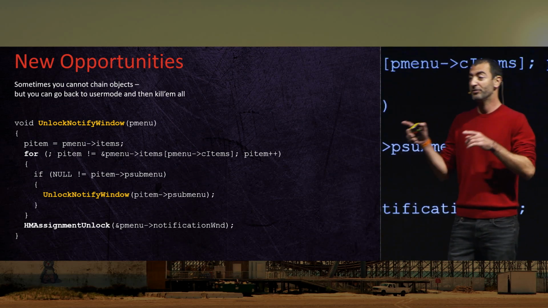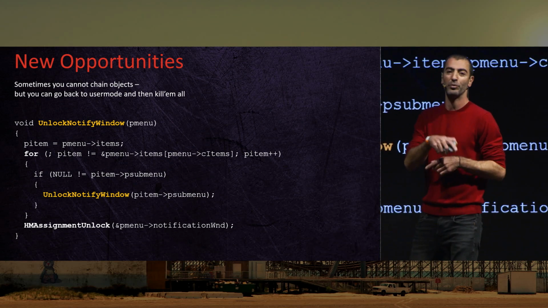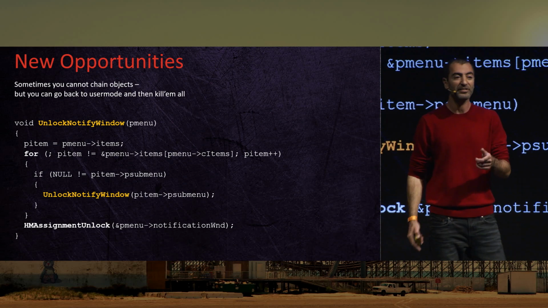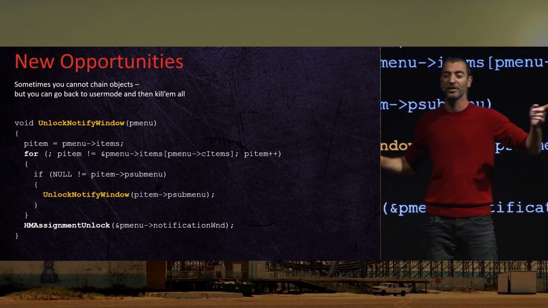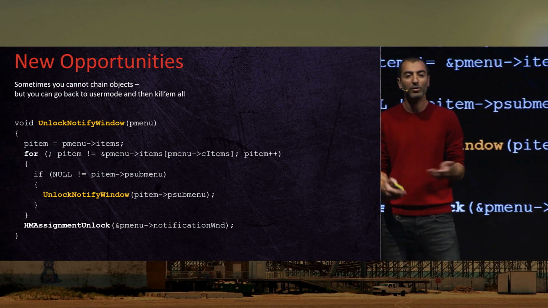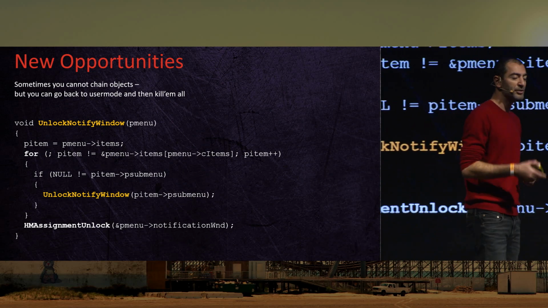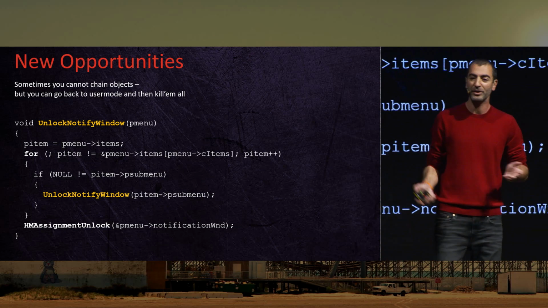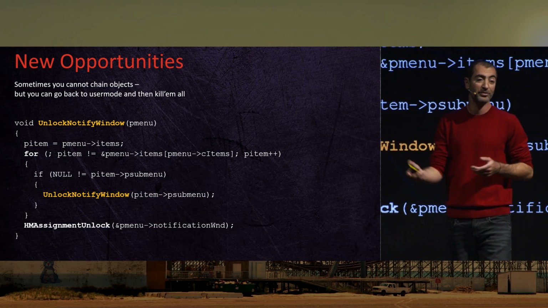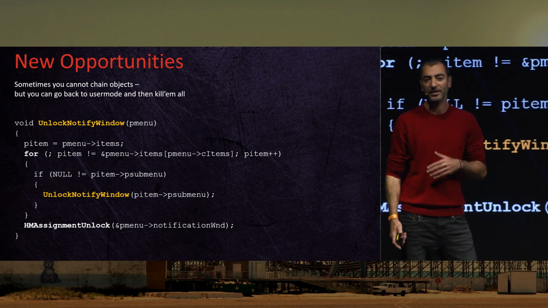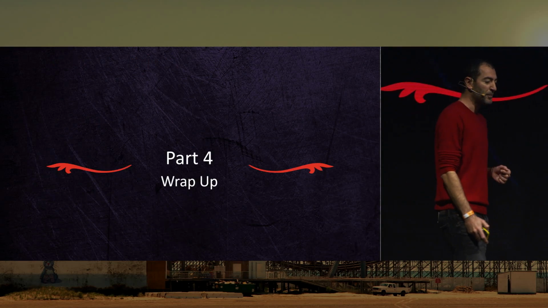If we carefully craft it, it goes from 1 to 0, and then we can call back to user mode. But this time we don't need to chain more objects. We just need to reallocate the array items, like the sub-menus of a menu, and then it's going to be a use after free, because the pointer just keeps jumping to the next one. So that's a new way to do something.